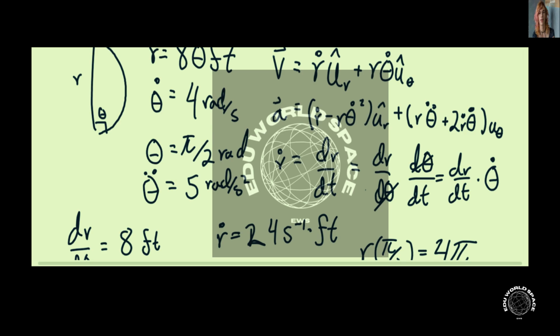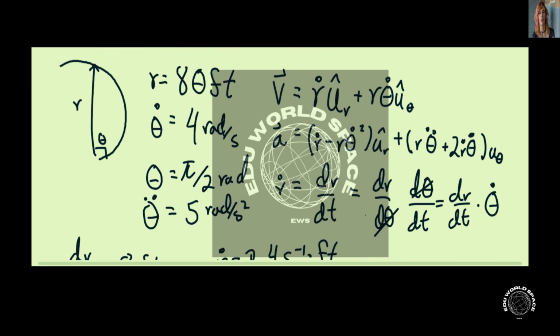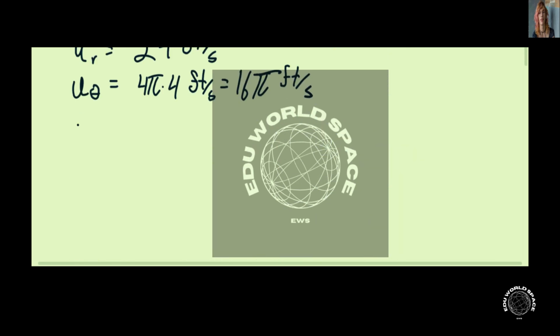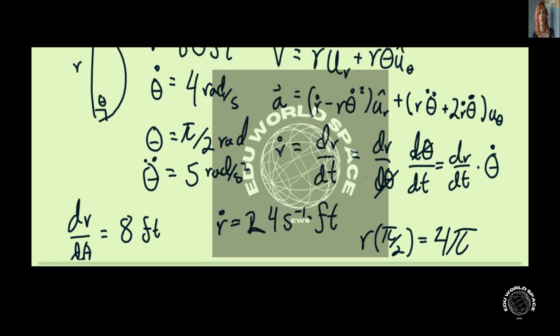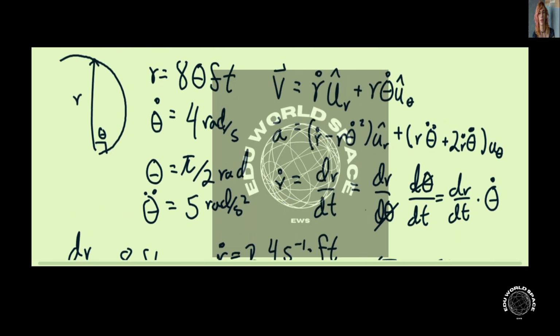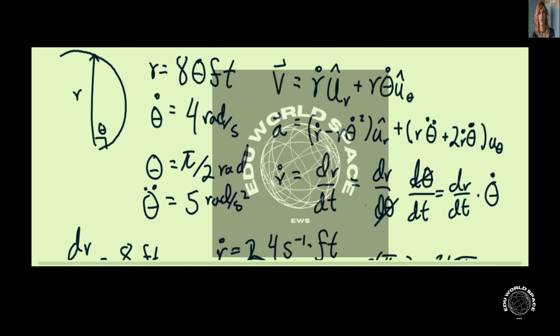And for the acceleration, for the radial component, it's r double dot minus r times theta dot squared, which is going to be 24 minus r times theta dot squared.